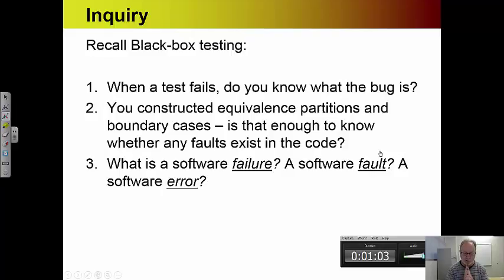So, in contrast to black box testing, you watched the previous video. When we were doing black box testing and a test failed, did we know what the bug was? If you have the code, perhaps you can figure out what the bug is. But from a specification-based perspective in black box testing, we don't technically need the code.